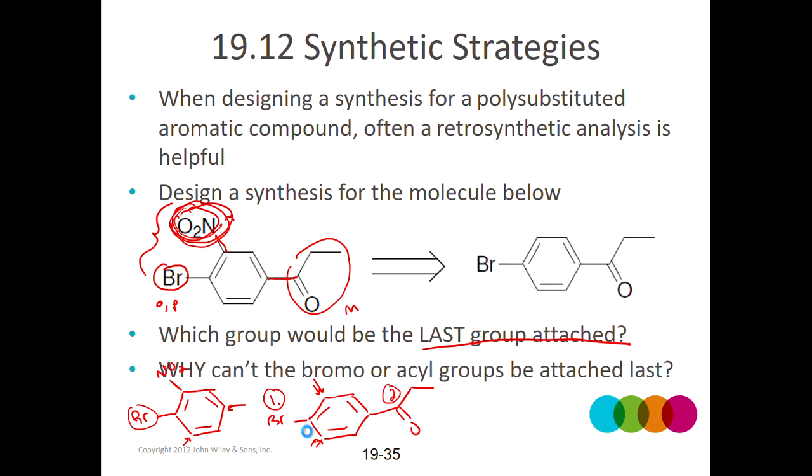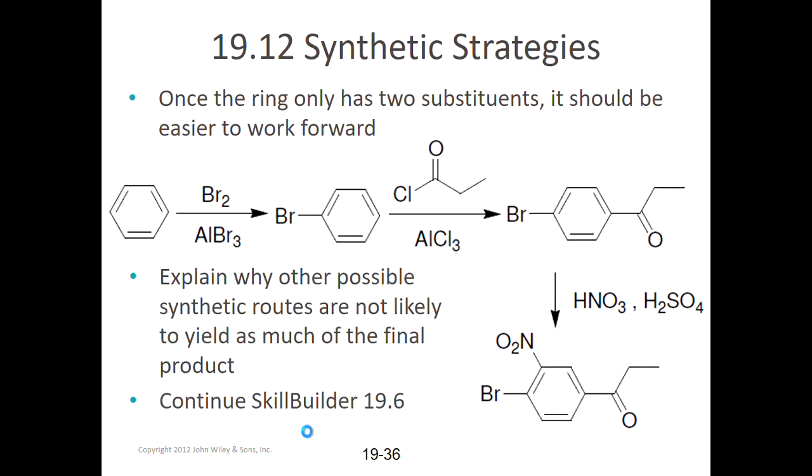So that is what I would do synthetically. Start with the aromatic ring, add the bromo, recognizing that the bromo is an ortho-para director. When the bromobenzene reacts with this, it would also give me the product where this acyl group ends up ortho.